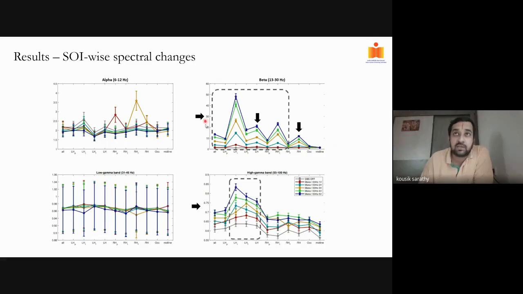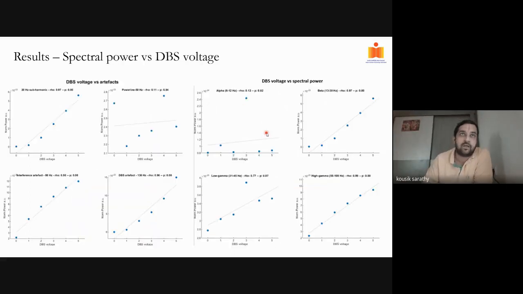And you can also see the power at the beta, so these are normalized arbitrary units. You can see the beta power is very, very high compared to the others. It is because it subsets the subharmonic peak. And if you start correlating the DBS voltage versus the power that we see in each of these, we can quickly start seeing that the 20 hertz peak increases with increasing voltage.